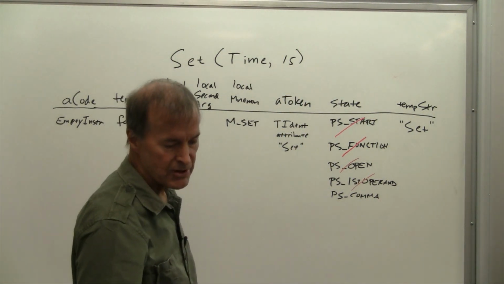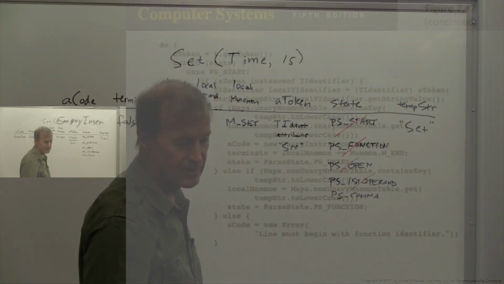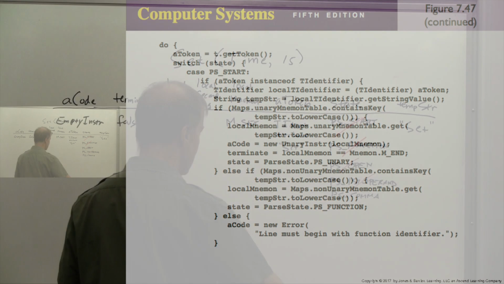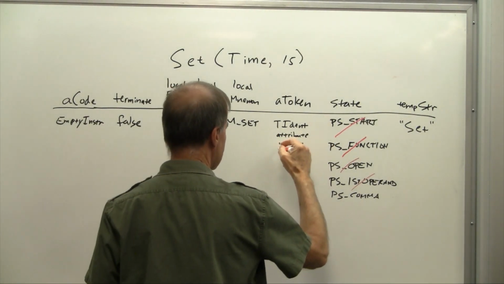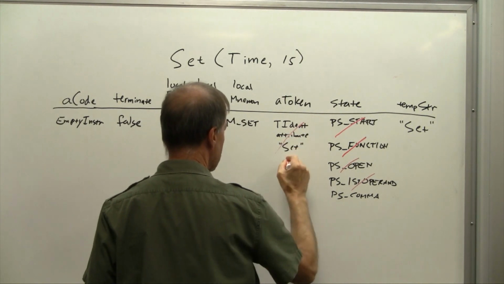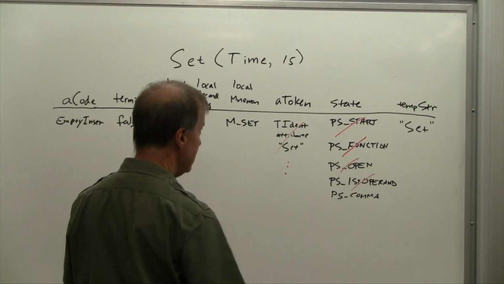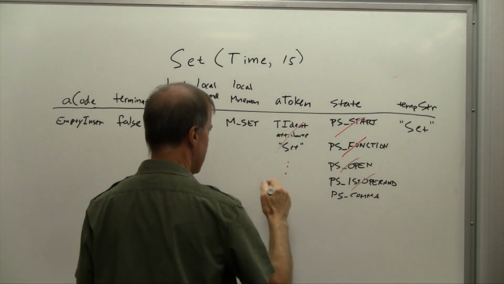All right. So here now let's go back to the do, and here on figure 7.47 it says a token gets t.get token. So what will happen then is this will no longer be t-ident. This will be a t integer, right?